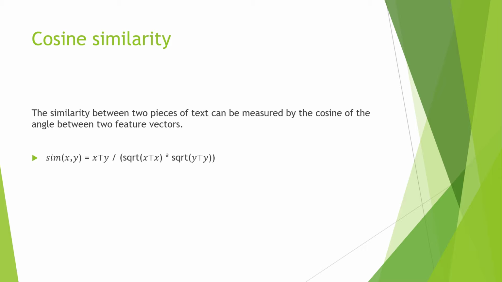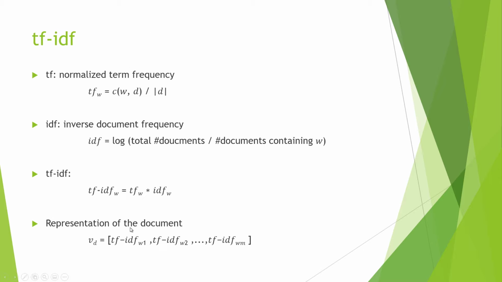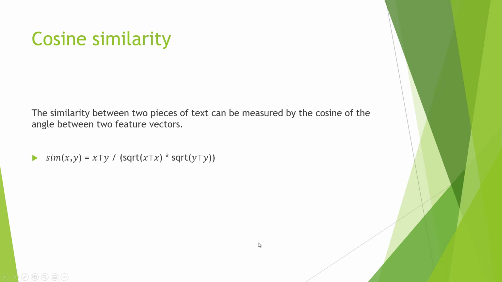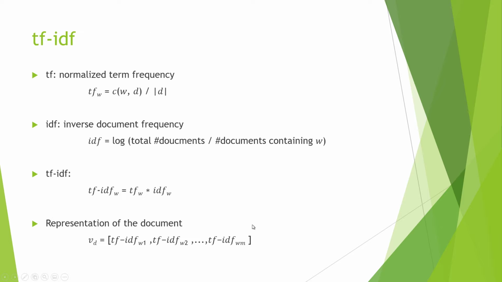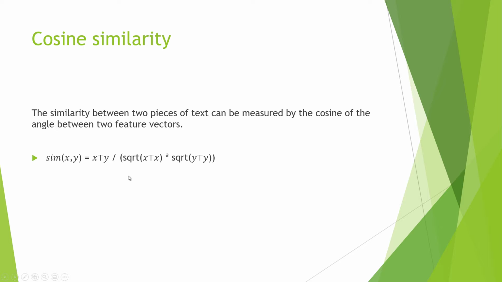So for example, if you have a representation of a document D1, then you take the inner product of VD1 and another document VD2, you will get the numerator of this equation, and then the denominator is used to normalize your result so that you are treating each document as if they have unit length.